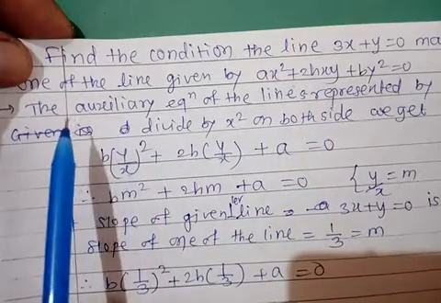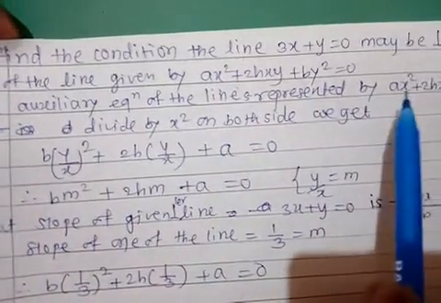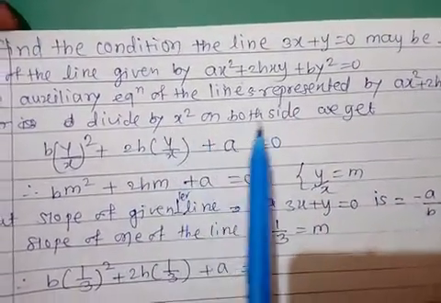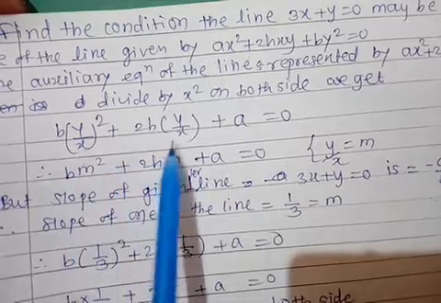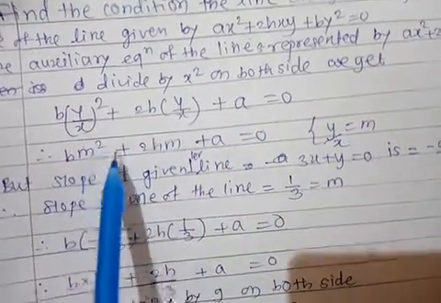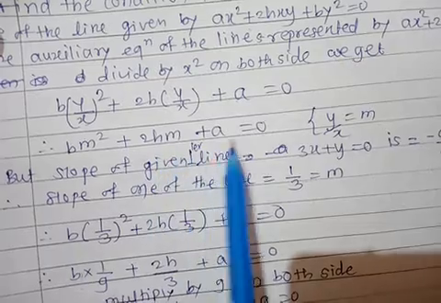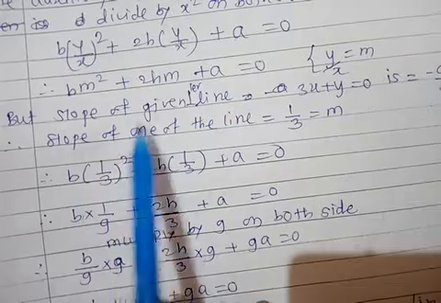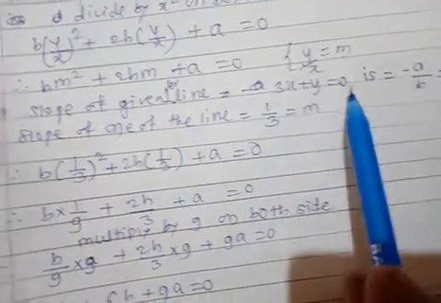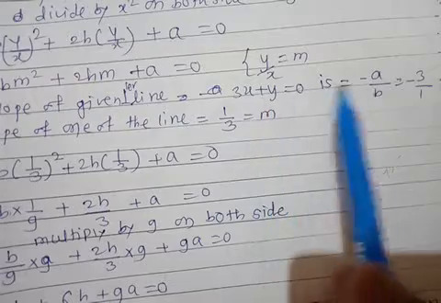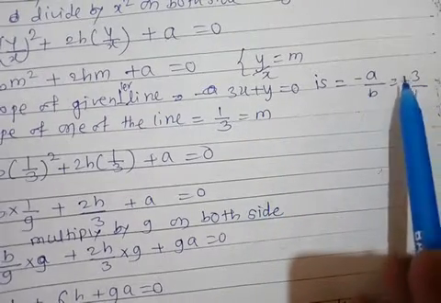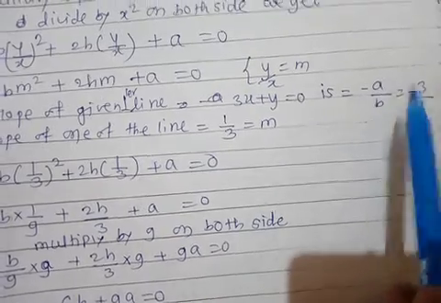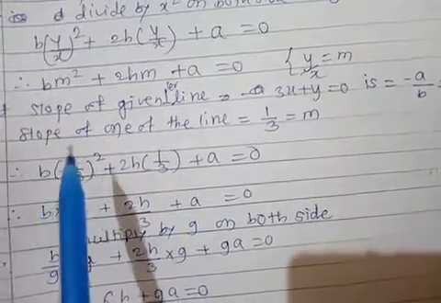Similar method, that is, the auxiliary equation. We first find the auxiliary equation from that equation, that is, divide by x square on both sides, put y by x as m, and the same equation bm square plus 2hm plus a is the auxiliary equation. But the slope of the line 3x plus y equal to 0 is minus a by b, which is minus 3 by 1. But this line is perpendicular, so you have to take the reciprocal of the slope and change the sign. Remember this.